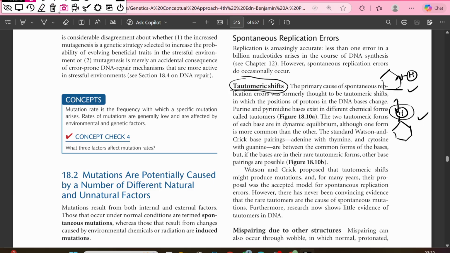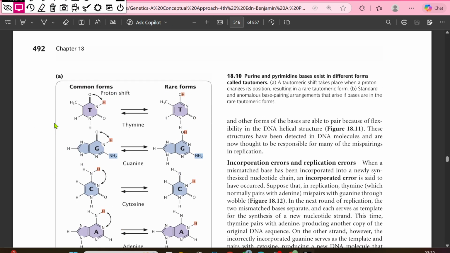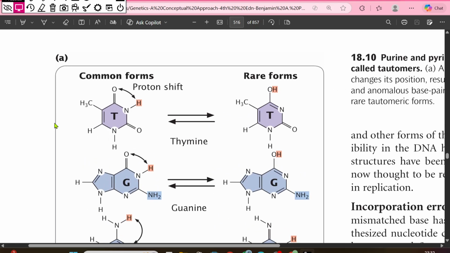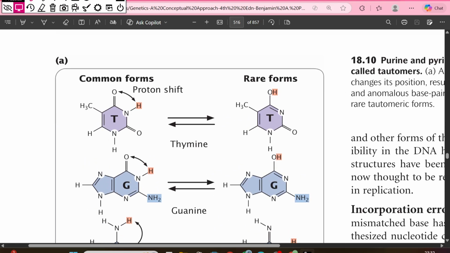Let us take one example here. Suppose we are taking thymine. Thymine has this kind of structure. Here we have the nitrogen attached, here also we have the nitrogen attached, and thymine is nothing but 5-methyl uracil. So here we have O and here we have O. This is the normal structure of thymine.